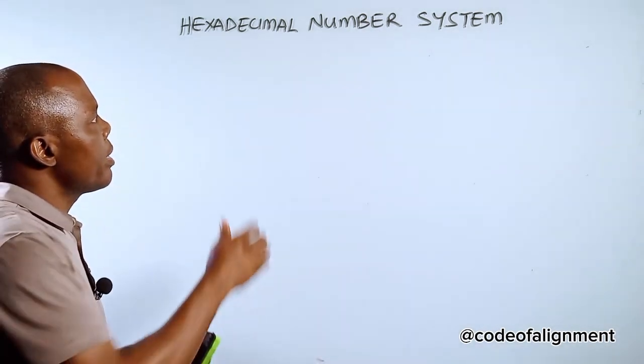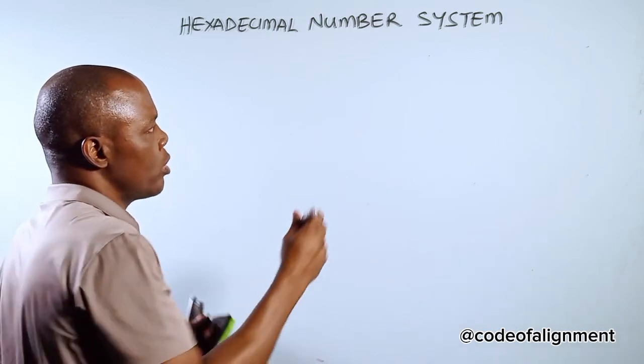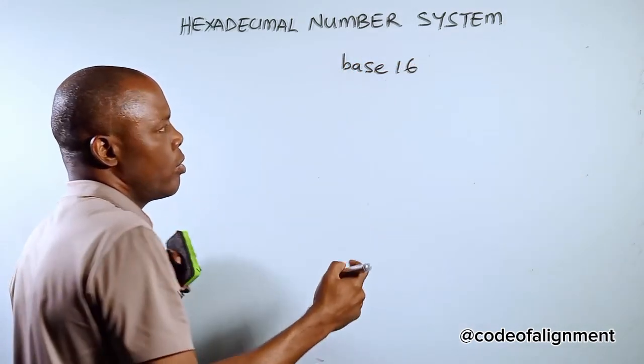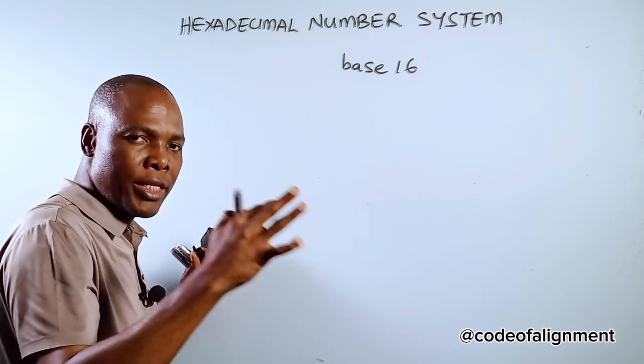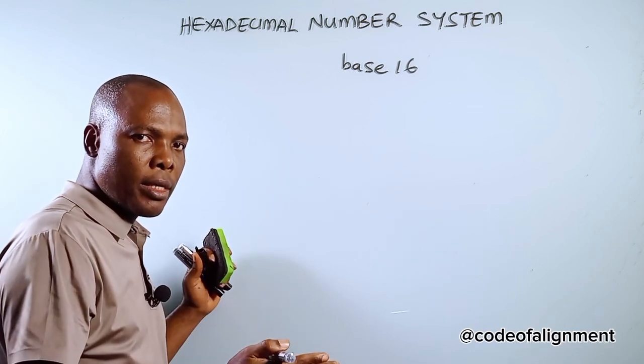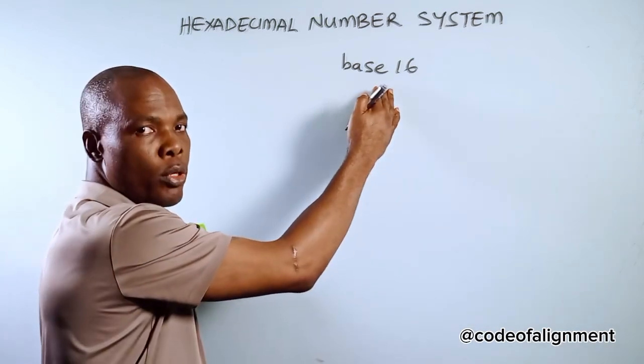So the hexadecimal number system has to do with what? Base 16. What it's simply saying is that we have 16 digits to play with in creating infinite numbers, right? So what are these symbols?